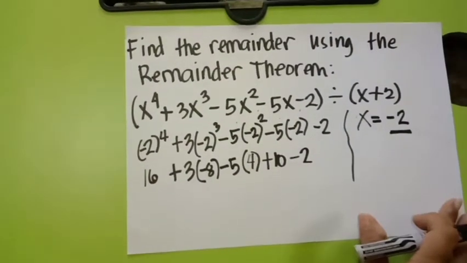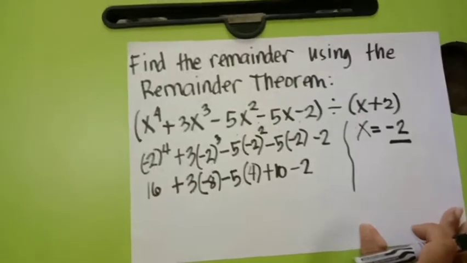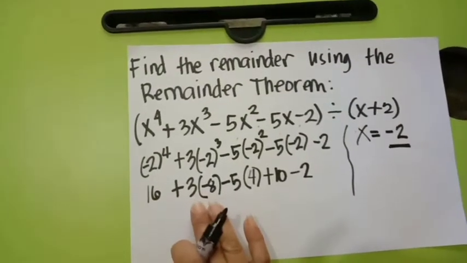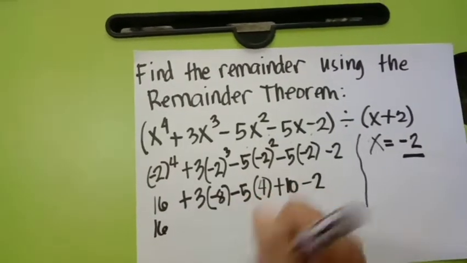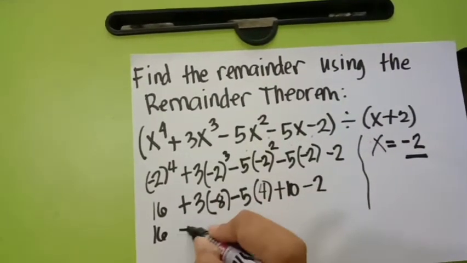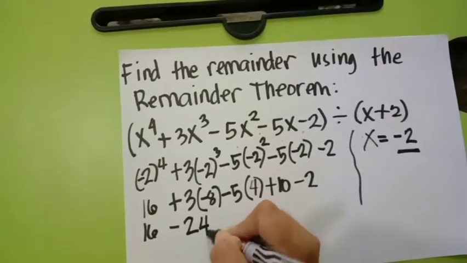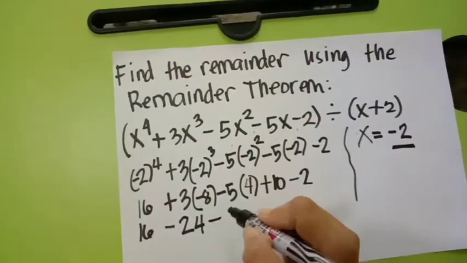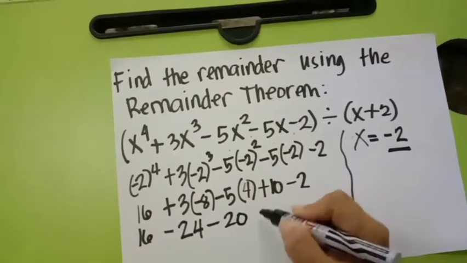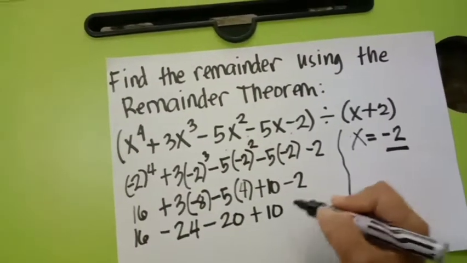So, we follow yung rules natin in operation. Unahin natin itong multiplication na 3 times negative 8. So, bring down 16. 3 times negative 8 is negative 24. Negative 5 times 4 is negative 20. So, bring down plus 10 minus 2.